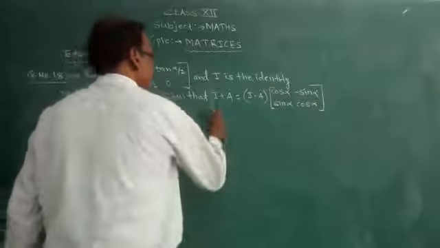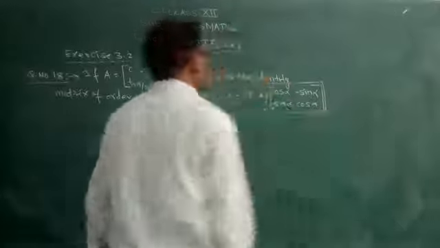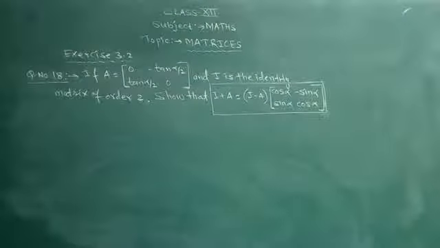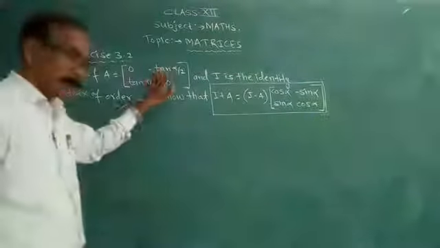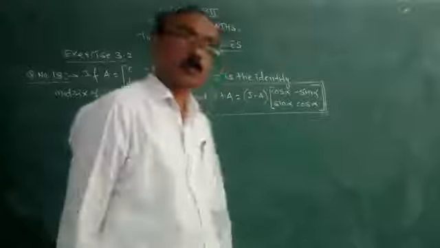So you have to do this one. Okay, this you have to prove, left hand side equal to right hand side. Now here he has given us matrix A and I, that is identity matrix of order 2 by 2.